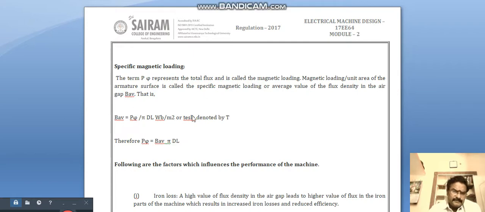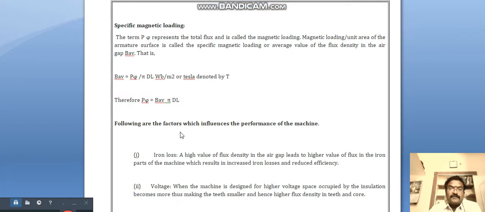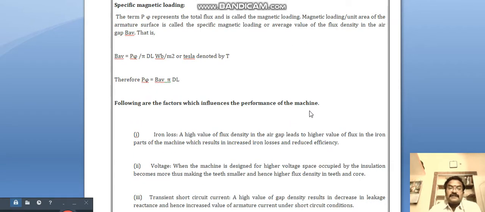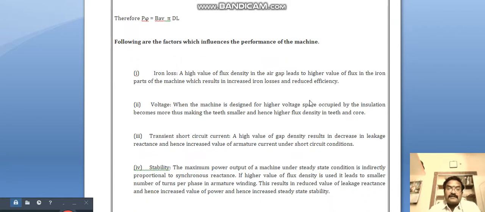From this equation we can rewrite Pφ equal to Bav πDL. Following are the factors which influence the performance of the machine for magnetic loading. First, the iron loss. A high value of flux density in the air gap leads to a higher value of flux in the iron parts of the machine, which results in increased iron losses and reduced efficiency.